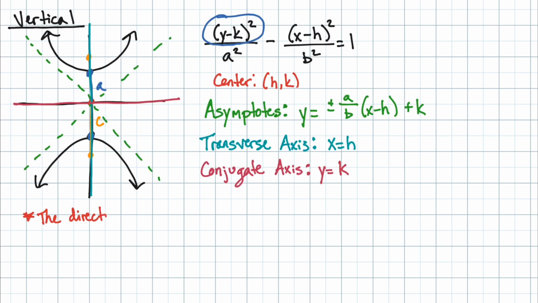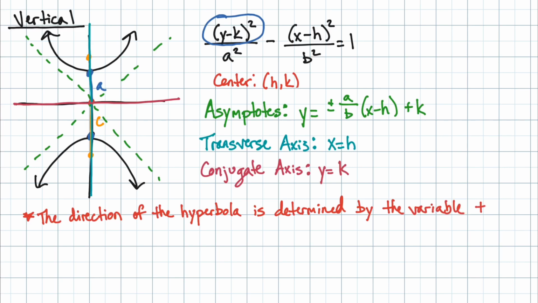The direction of the hyperbola is determined by the variable that comes first. So like we talked about, if it's vertical, y comes first. If it's horizontal, x comes first.